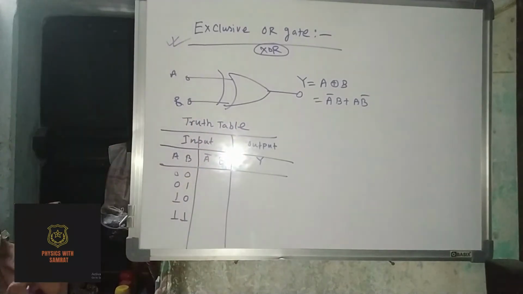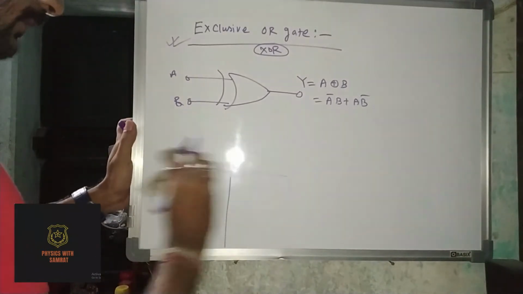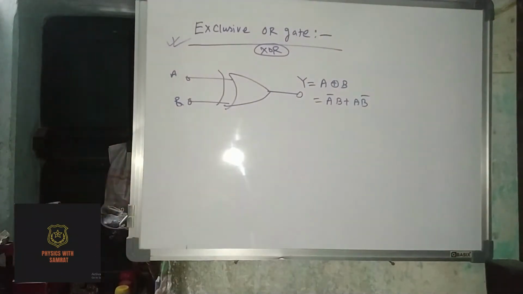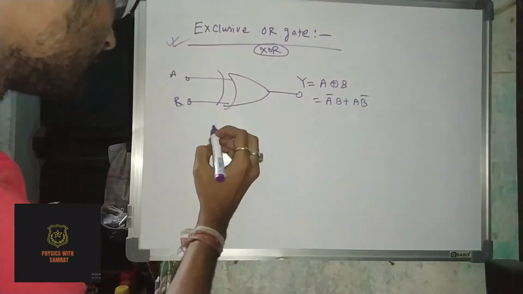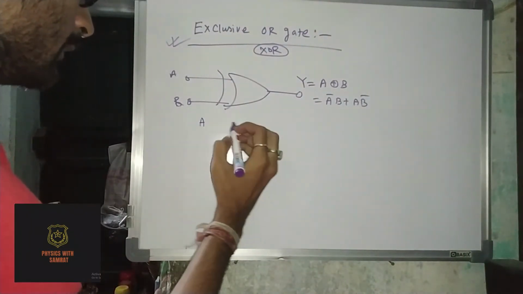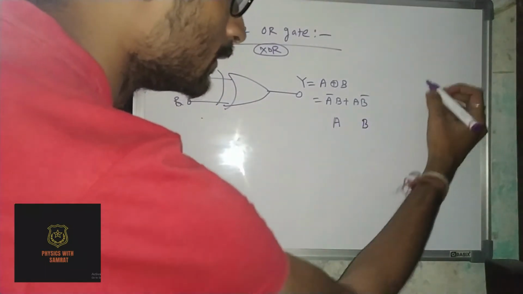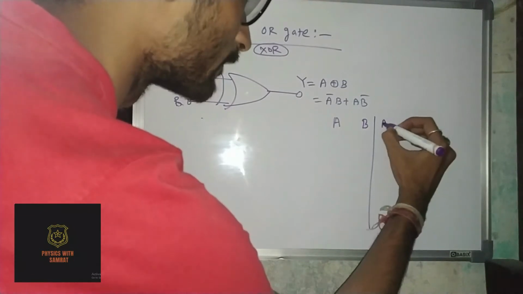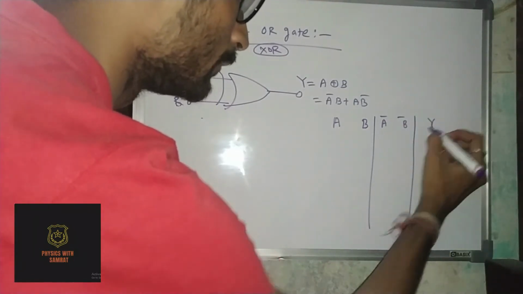Is this visible to you? No, sorry. The flashlight is making some mistakes. I am writing in this part. A bar, B bar, and Y.